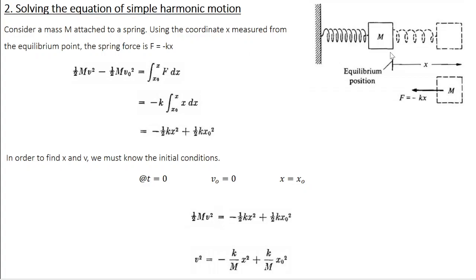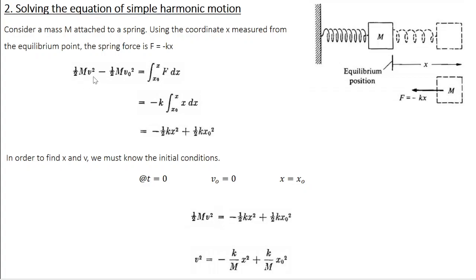Now let me assume that originally it is at the equilibrium position, denote that as x0, then you displace it to a new position x. The velocity at the equilibrium position is v0, and at position x, the velocity is v. So plug all parameters into our standard equation.